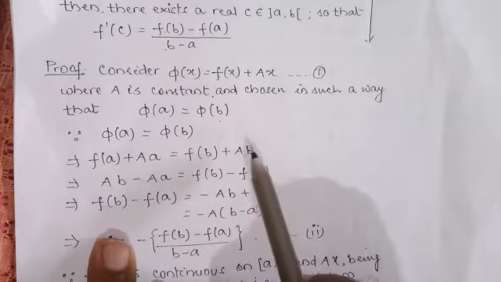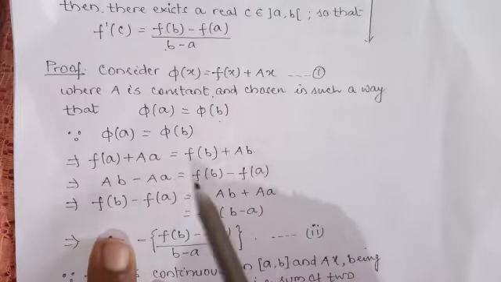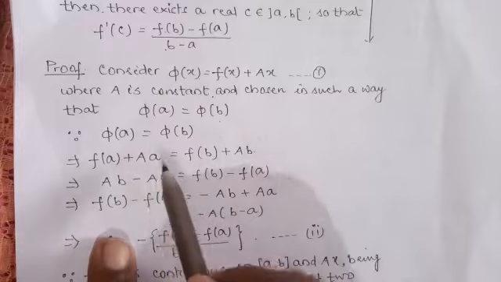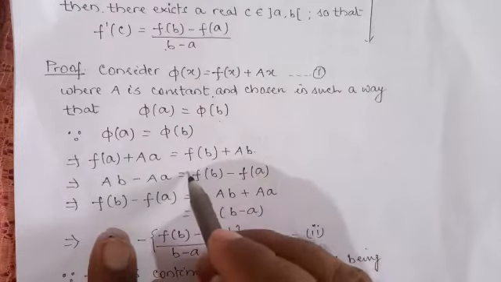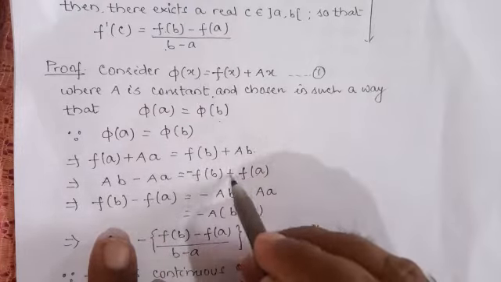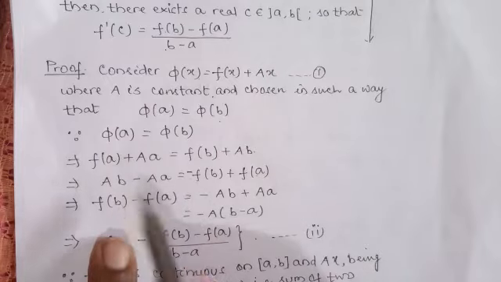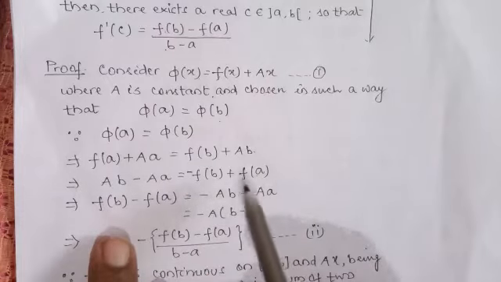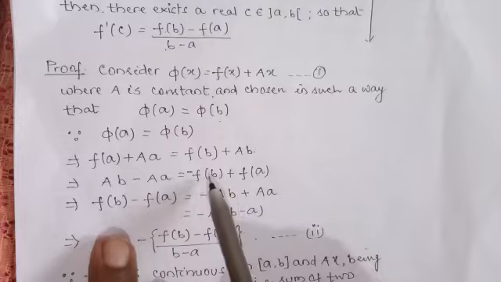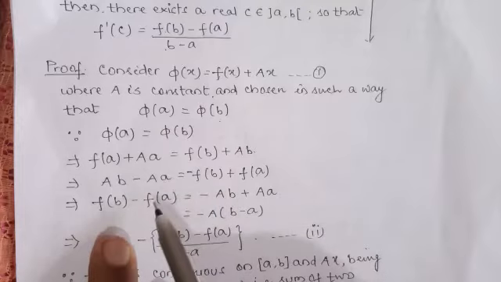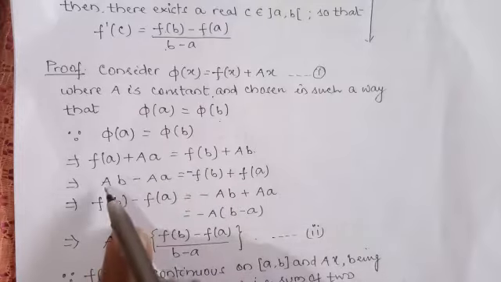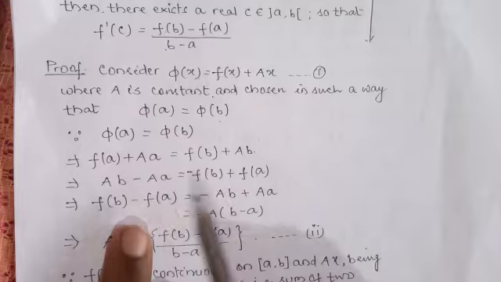A into b minus A into a is equal to f(a) minus f(b). So in the left side we have f(b) minus f(a) is equal to minus Ab plus Aa.